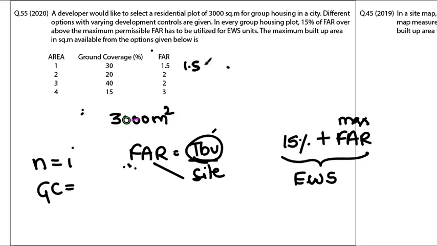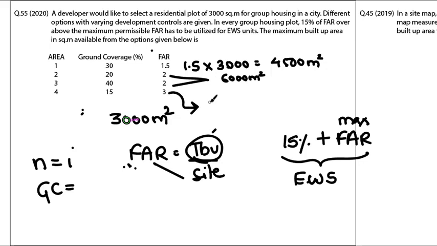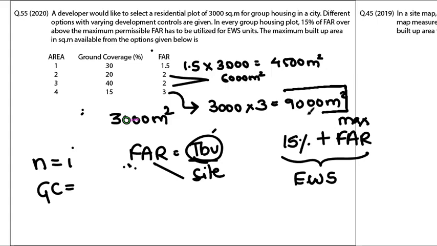So 1.5 into 3000 is 4500 meters square. Similarly, 3000 into 2 will give me 6000 meters square. Same for this, 3000 plot area into FAR 2 will give me 6000 meters square. And for option 3, it's 3000 into FAR 3, that is 9000 meters square. So the maximum area that can be built up is 9000 meters square.